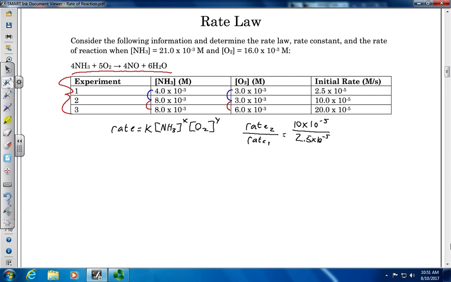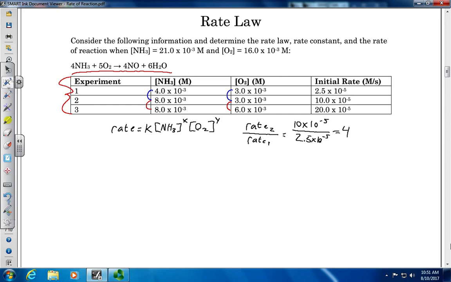And that is equal, if you do the calculation, to 4. Sometimes it'll equal a nice round number. Sometimes it'll equal something very close to a round number, and that's due to scientific notation and the truncation at certain points. So you just have to make your best judgment when it comes to that. So we have 4 as the relation between 2 and 1.